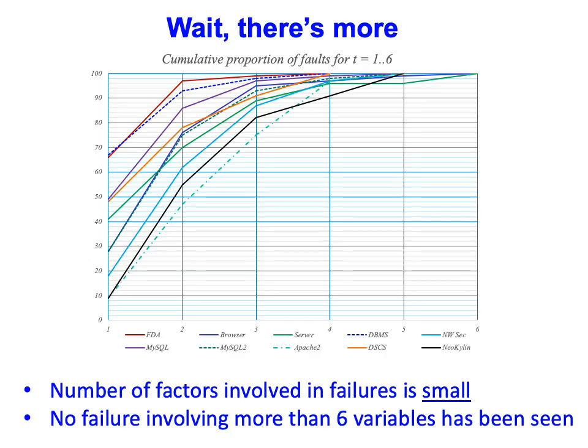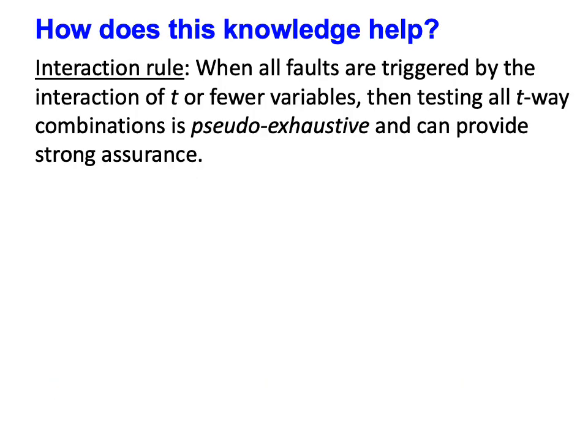And as we go up to 2-way, 3-way, 4-way, 5-way, and 6-way failures, the percentage of failures decreases very rapidly. So we never found, and no one else has seen, failures involving more than 6 variables for a single system. And so this is kind of an interesting result.